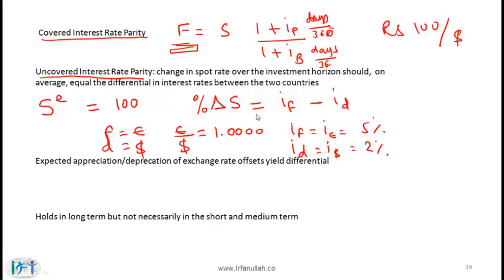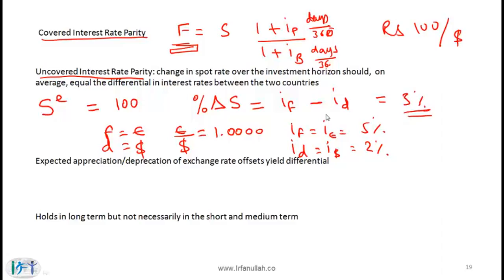According to uncovered interest rate parity, the expected change in spot rate over 1 year, because we are using annualized numbers here, will be 5% minus 2%, which is equal to 3%.